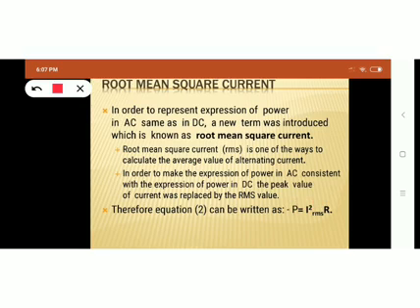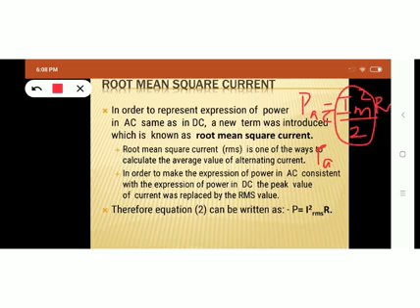In the previous case we got power dissipated in an AC circuit as Im square by 2 into R, isn't it? So this Im square by 2, that means this peak value of current, is now replaced by IRMS.